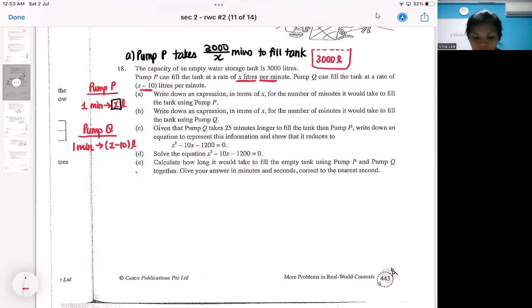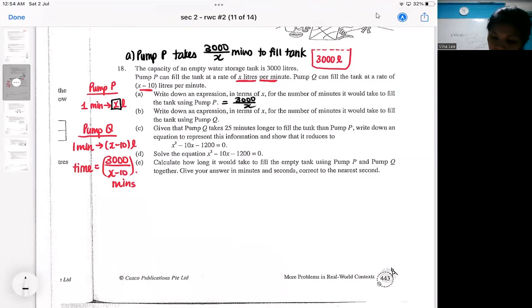This one is given to you already. So how much time will pump Q take? The time taken by pump Q will be the 3,000 liters over the amount per minute. So pump P will take 3,000 over X minutes, and pump Q will take 3,000 over X minus 10 minutes.